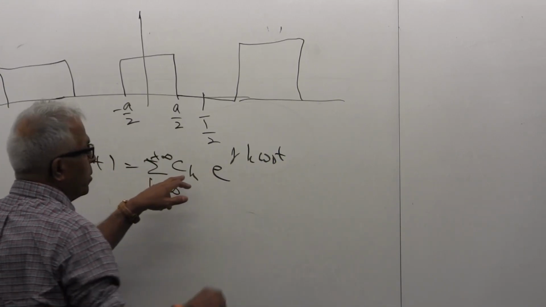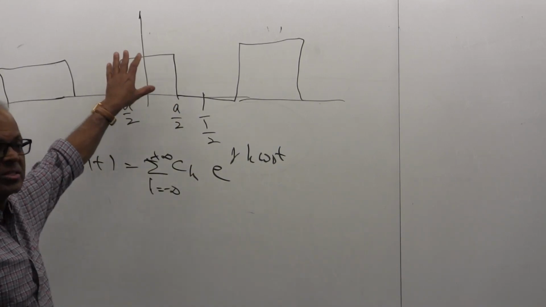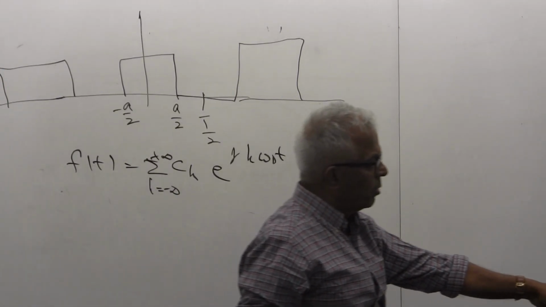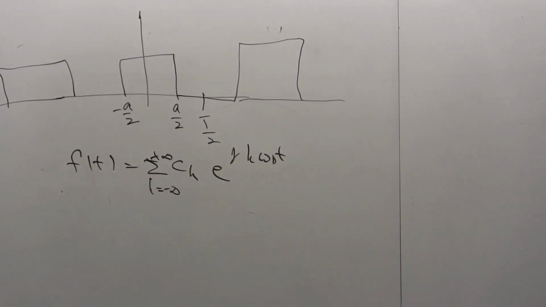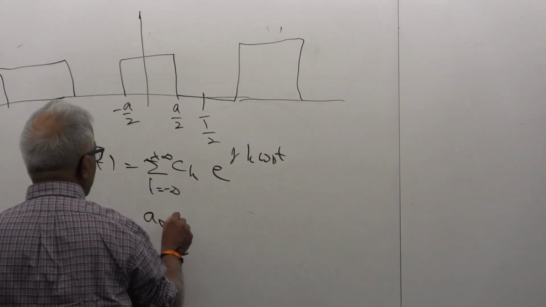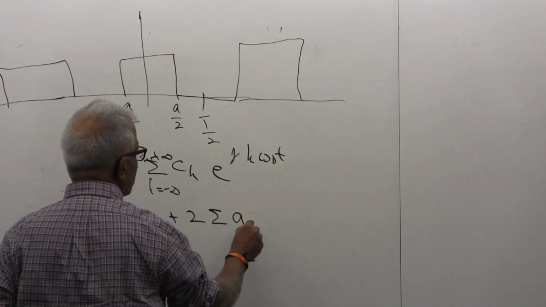So this is too complicated at this point because we know this signal is real and even. So we should use this formula. It makes life very simple. So even though this is true, I know that this signal can be represented in this form.